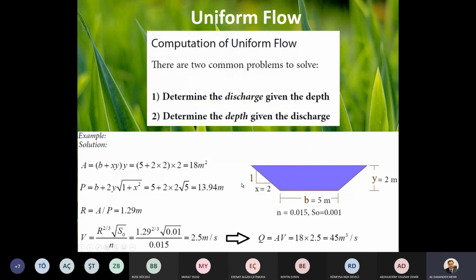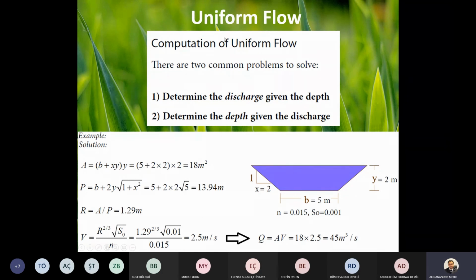I just drew this figure, cross section, and wrote all the given information here. So I know n, I know S0, and I'm looking for velocity. And I know that the Manning equation can be used. This is a form of the Manning equation. I need to calculate R0 because the other parameters are already given.